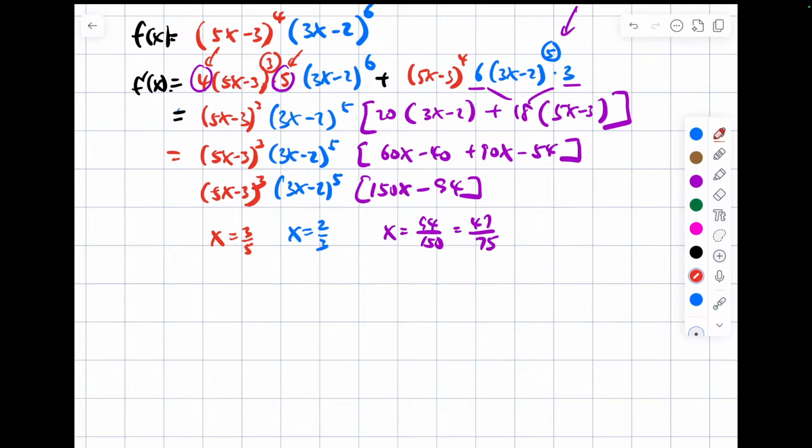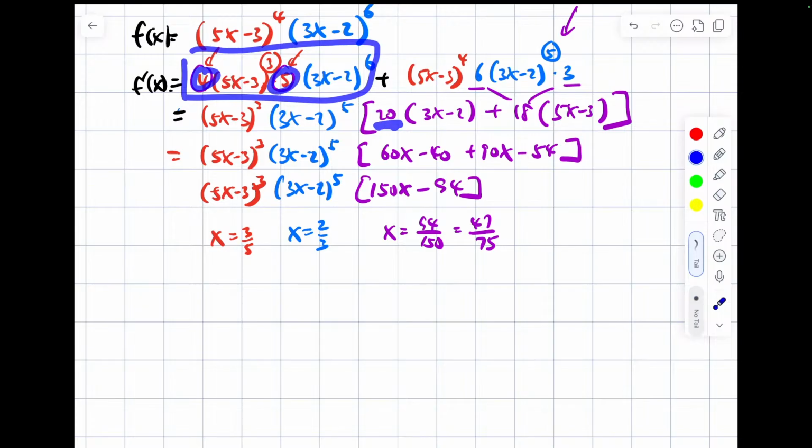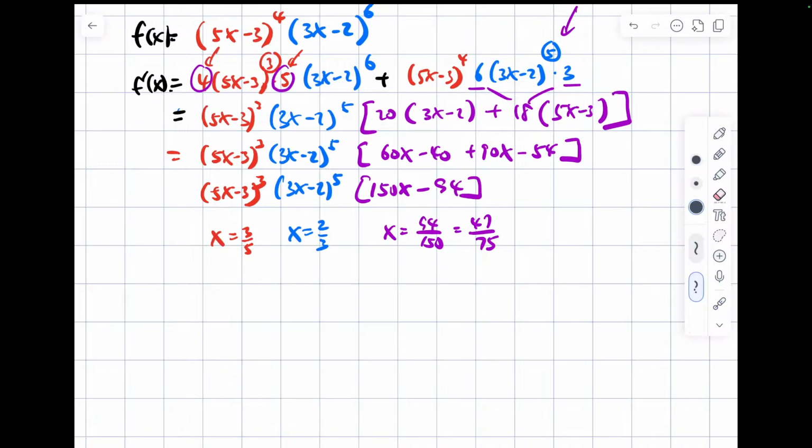So what I'm trying to say is, look at this term. You already take out 4 and 5, and that's how you get 20. Is that okay? 20 is there. It's 4 times 5. But you factor out this completely. You only factor out 5 out of 6, so you still have 1 left, 3x minus 2 left, because you factor out the fifth power.